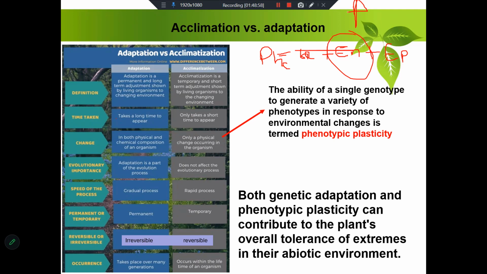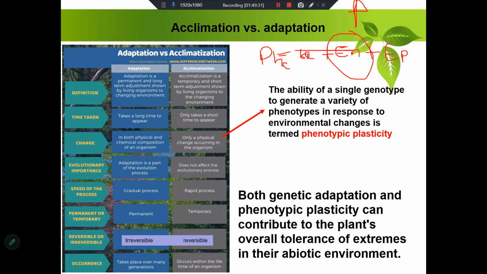Whether a plant grows tall or short is determined not by the genes but by the environmental factors. So they can become tall or short depending on the environment, because most things are controlled by environmental factors. Regarding evolutionary importance, adaptation is part of the evolutionary process, but acclimation does not affect it because there are no genetic level changes.